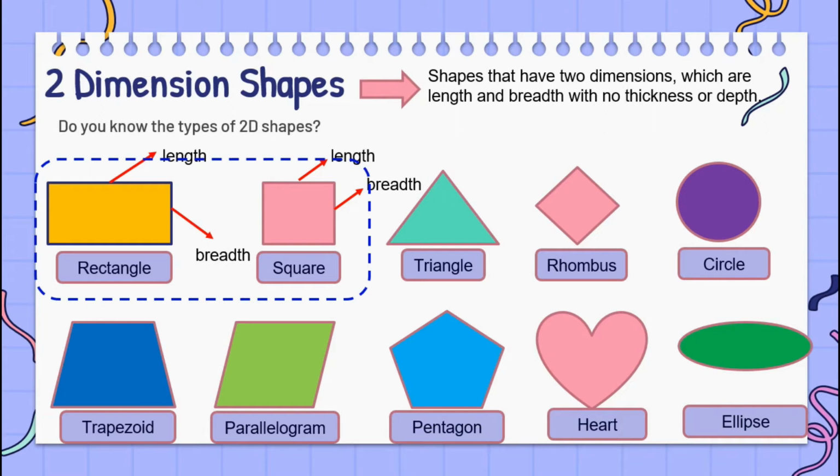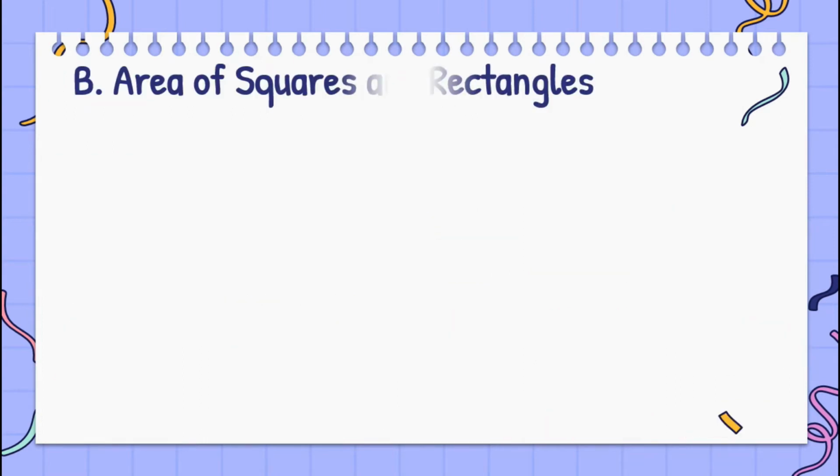In this case, we are going to learn about rectangle and square. Area of squares and rectangle. Area of squares.